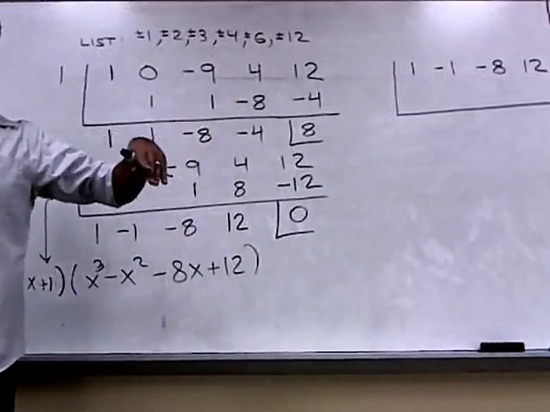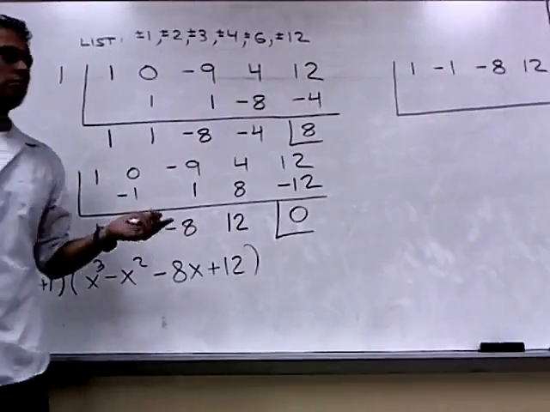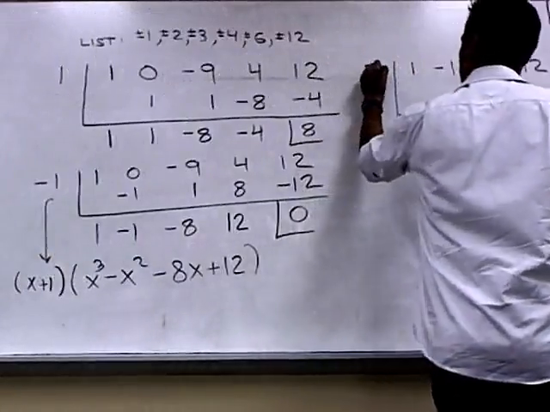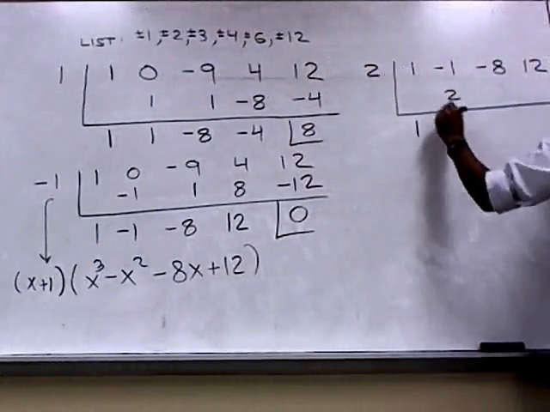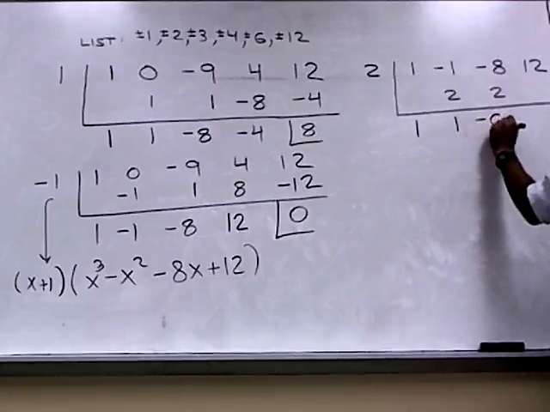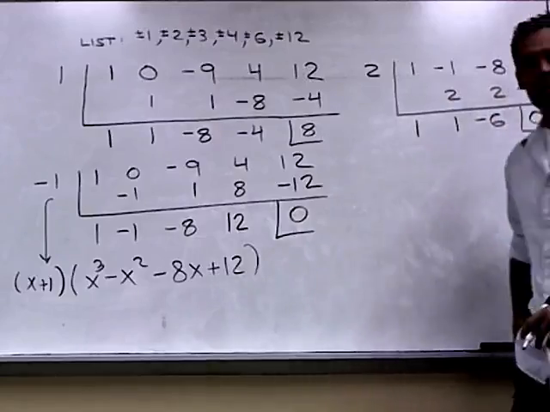I won't show it, but it's not going to work. So what would I move on to after -1? 2. I think 2 is going to work. 1 comes down, 2 goes here, it's 1. 2 goes here, it's -6. And -12 and 0. I'm happy about that.